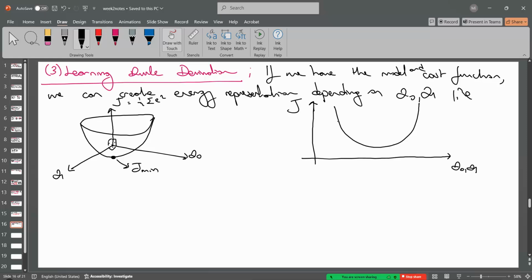For example, suppose that this point gives us 2, 2. Theta 0 is equal to 2, theta 1 is equal to 2. Okay? And maybe this one is, for example, 5, 7. 5 is equal to theta 0, 7 is equal to theta 1.